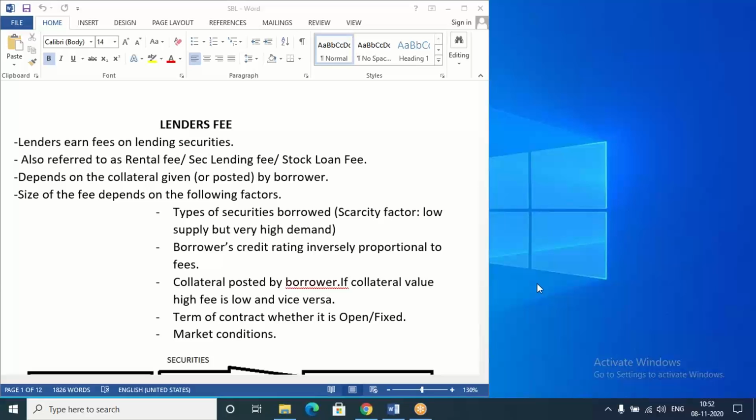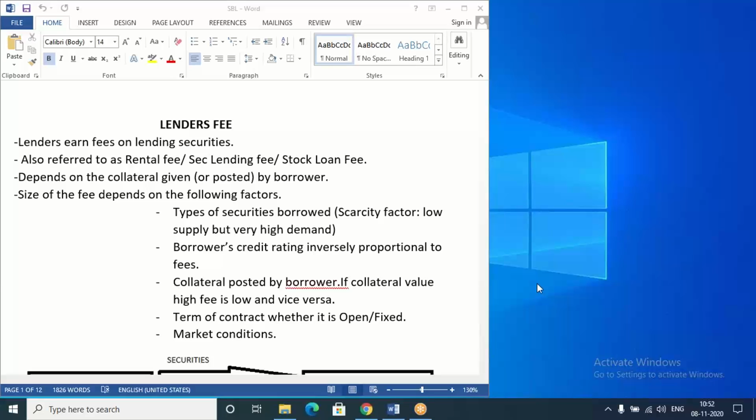Okay. It also depends whether the contract is an open contract or a fixed contract. Now, if the lender promises not to recall the securities before the end date, then he might charge a higher rental fee. If he's saying, okay, I cannot guarantee, I might recall it before the end date, then he would charge a lower rental fee.